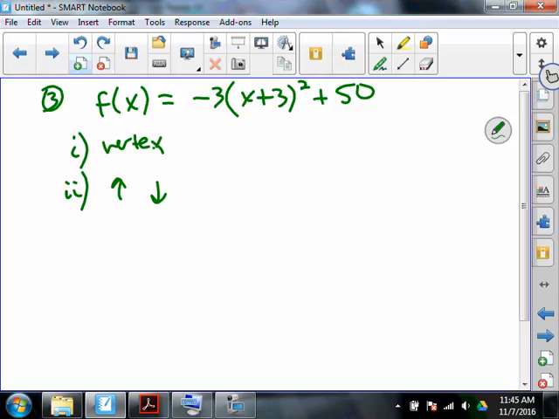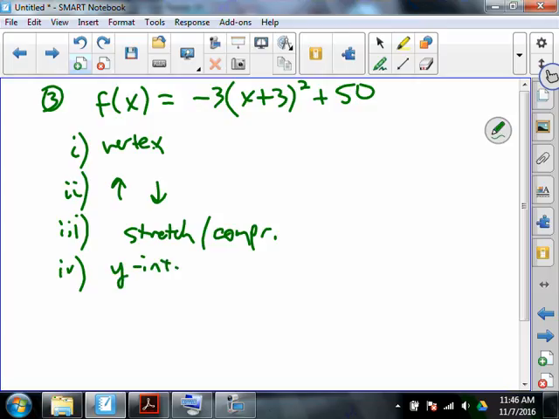Part 3 is going to ask you whether this is a vertical stretch or compression. Part 4 is going to ask you the y-intercept, and it will ask you to find the coordinates of it. And then part 5 is going to ask you for the x-intercepts.